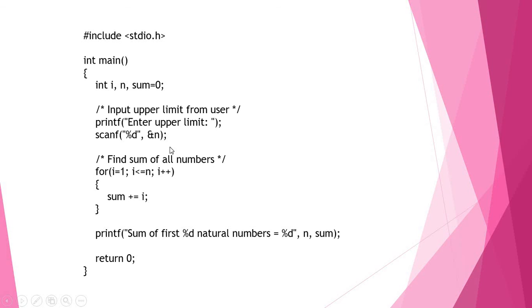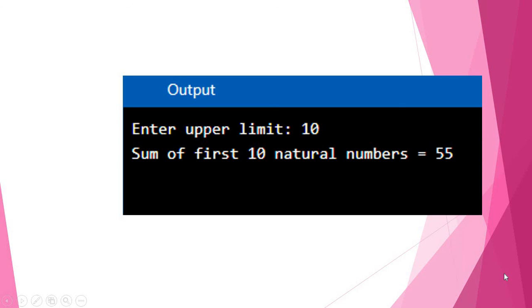Whichever upper limit the user has set, it will go through this loop and find the sum value, which gets stored within the sum variable, and we have mentioned it within the printf statement. So it will print the sum of the first 10 natural numbers because the upper limit is 10.